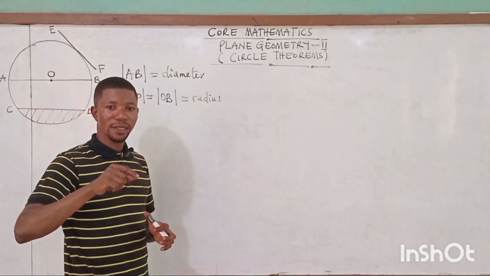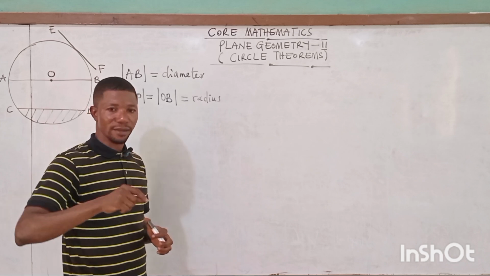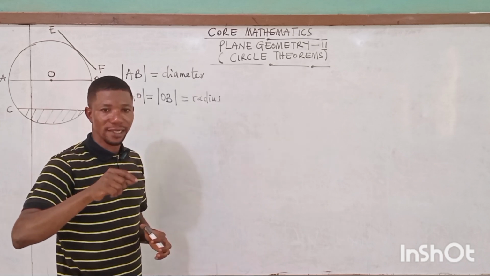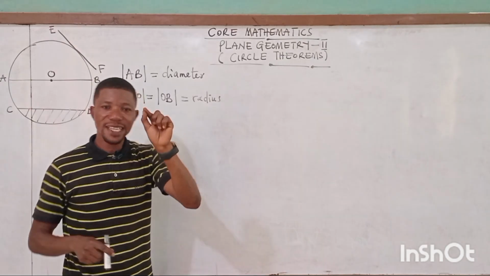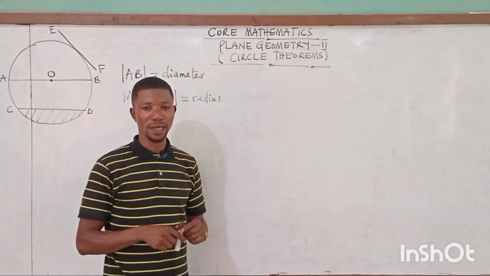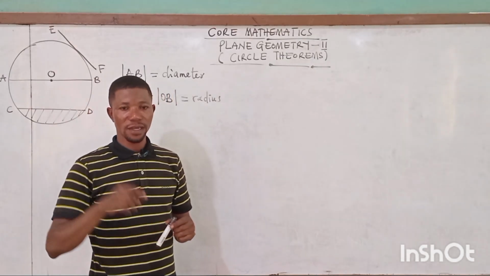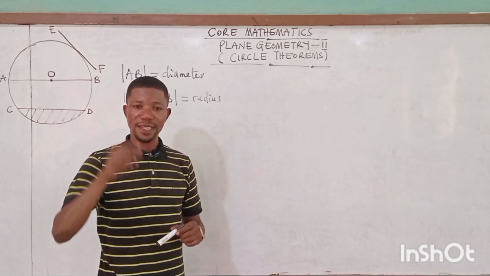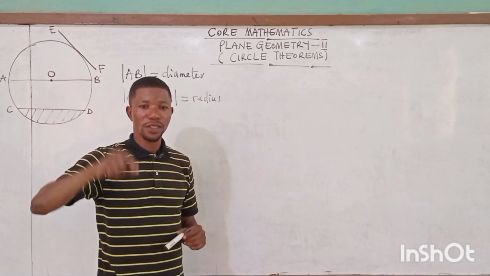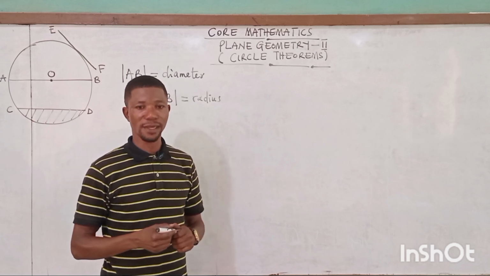And the radius of a circle is considered as a line segment from the center of the circle to touch any part of the circumference of the circle interiorly. Then that becomes the radius of that particular circle. And the radius of a particular circle is unique to that particular circle.